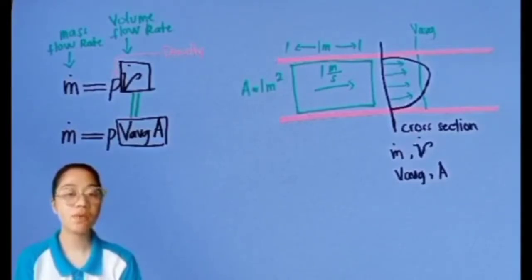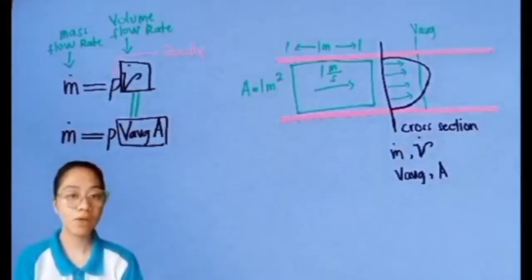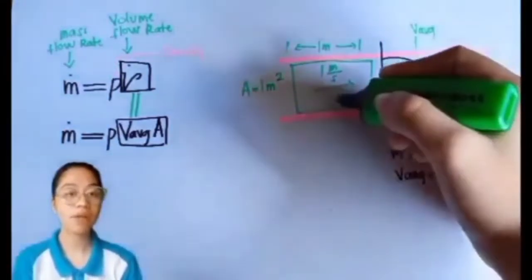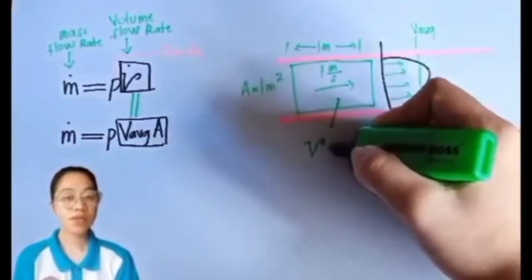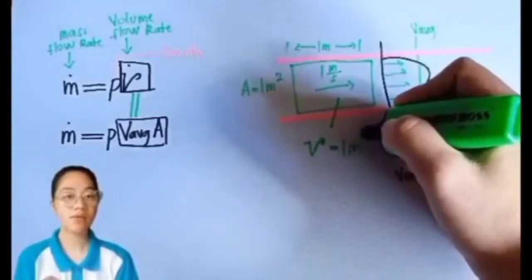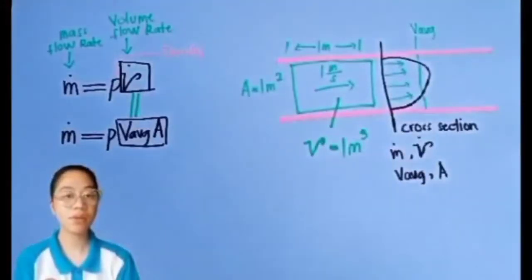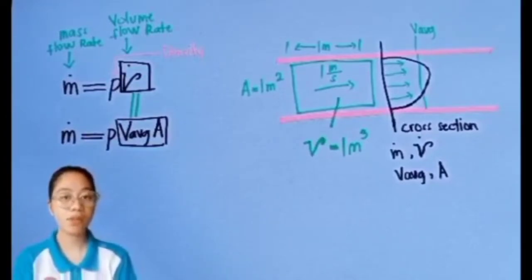This block of fluid is 1 meter long in the duct, the duct cross-sectional area is 1 square meter, and the average velocity of the fluid is 1 meter per second. As we can see, the volume of this block of fluid is 1 cubic meter, and it's easy to see that it takes 1 second for this block of fluid to go through this cross-section.